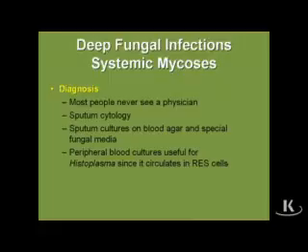So we're going to know what the yeast form looks like. Now, the histoplasma, because it targets the macrophage, can also be detected through blood cultures because it resides in the macrophage. So you can actually do a peripheral blood culture to look for histoplasma.